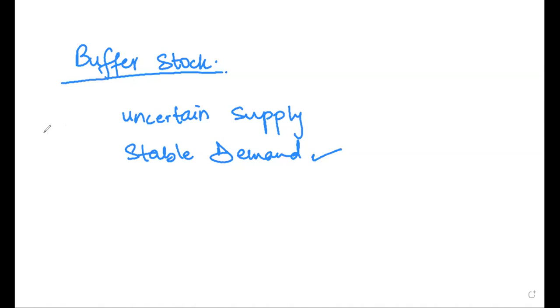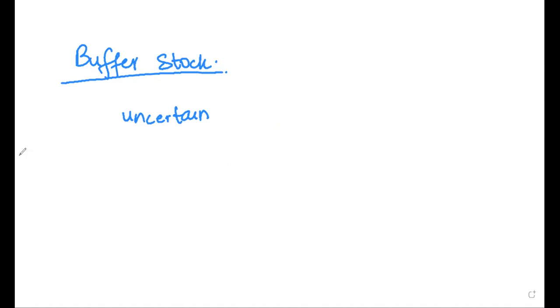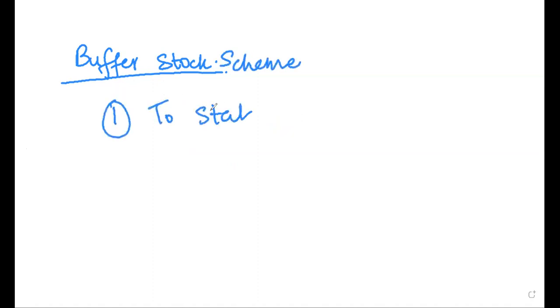Buffer stock scheme works in two ways. The first one is when the buffer stock scheme works to stabilize price. Buffer stock scheme, number one, to stabilize price.